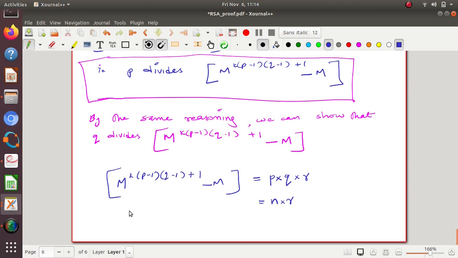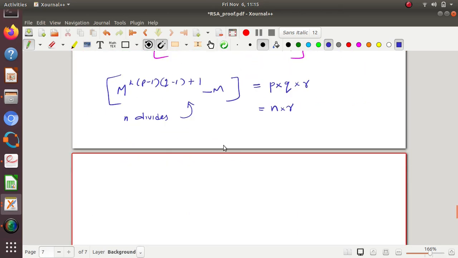We can have n divides this quantity. So we can have an expression like this: m to the power k(p minus 1)(q minus 1) plus 1 minus m is equal to n into r.